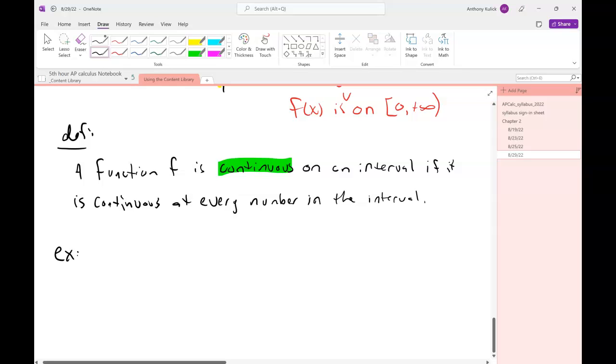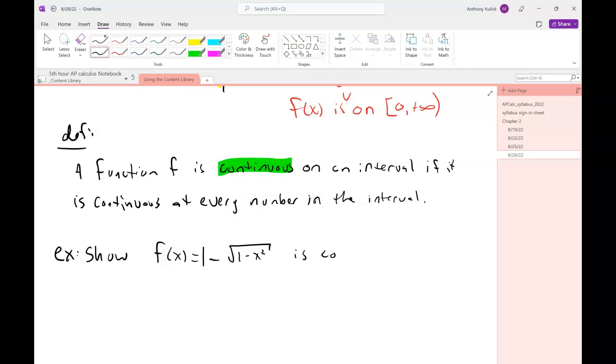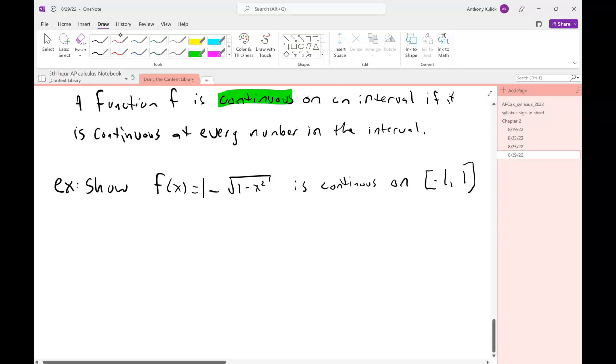Let's do an example. It says show that f of x equals 1 minus the square root of 1 minus x squared is continuous on the interval from -1 to +1.